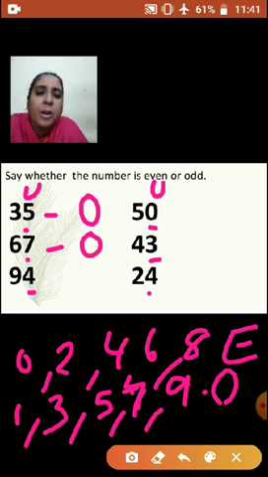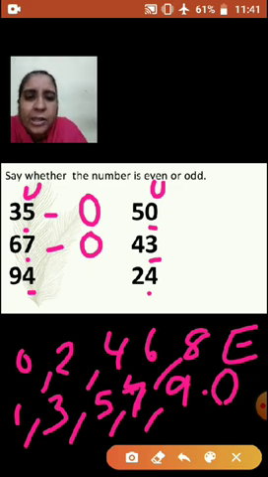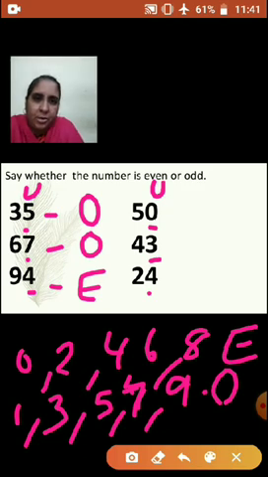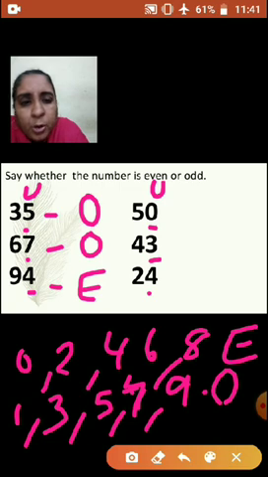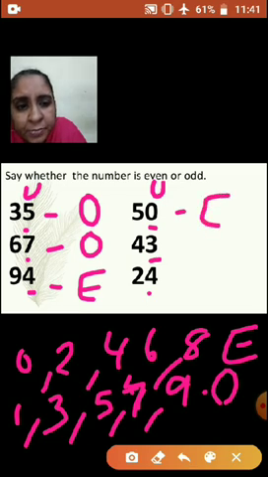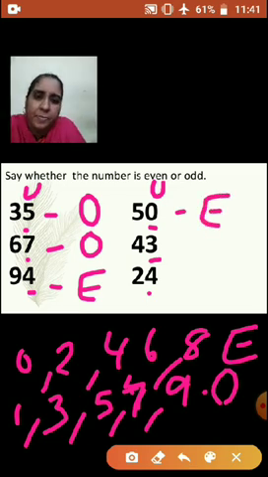Okay, children? Now see 4. 4 comes in table of 2. It is even number. So you will write E. Now here also see 0, right? Not O, 0. Now here 0 comes in table of 2, right? So it is again even number.